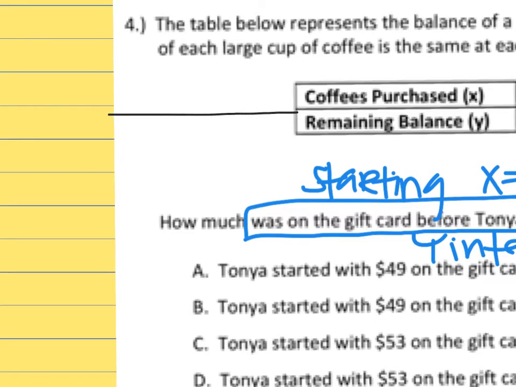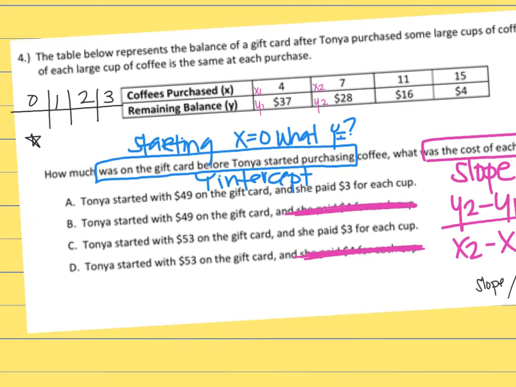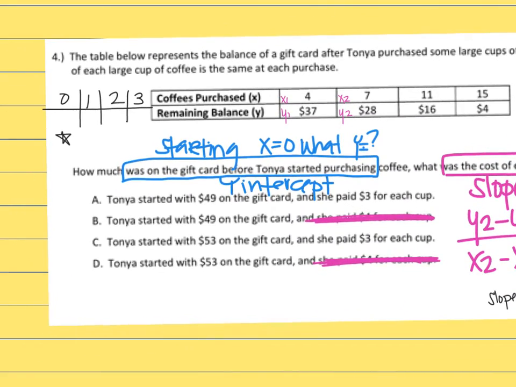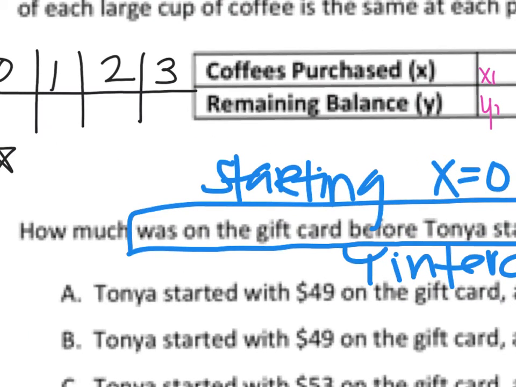Let's see. If I extend my table out and I said 3 cups, 2 cups, 1 cup, 0 cups. Right here's where I'm looking for. We just said that each cup of coffee was 3. So if I had purchased 4 and I had 37 now, before I spent those $3 and I back up, I would add 3 more onto that. So 37 plus 3 is 40.